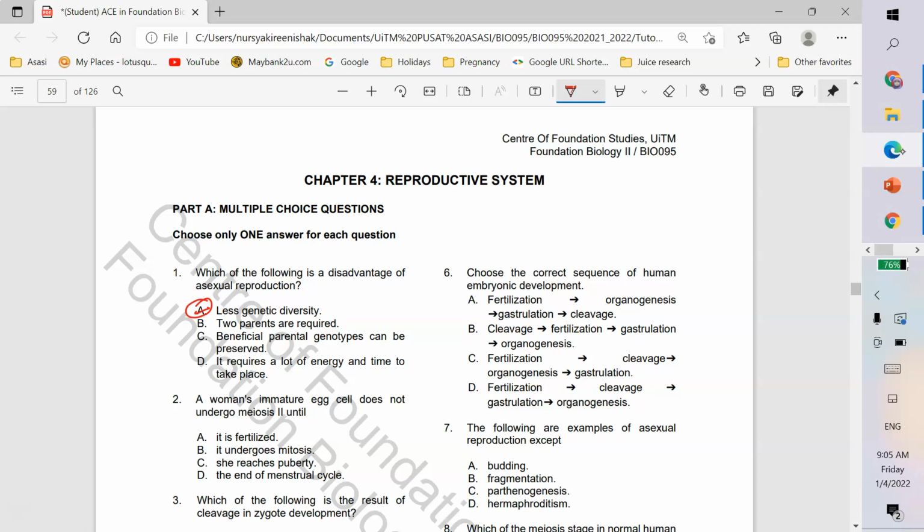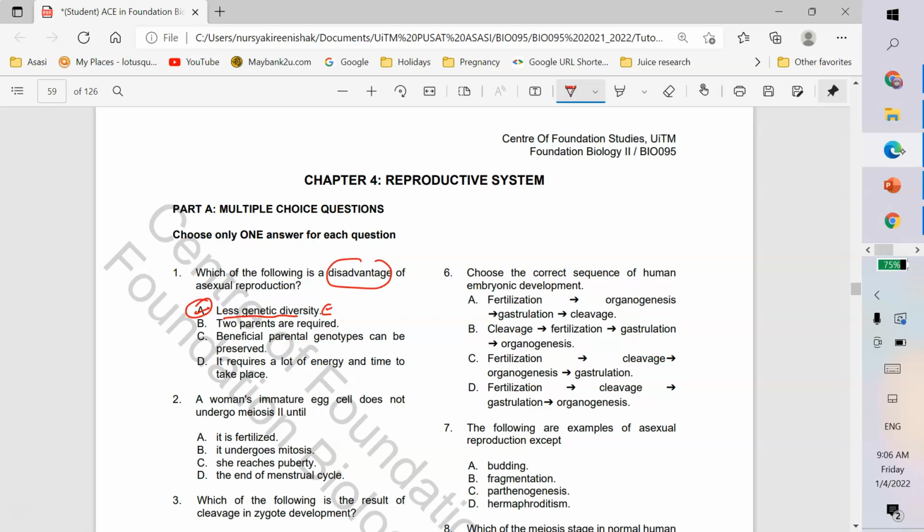The disadvantage of asexual reproduction, in terms of less genetic diversity, means that the genetic composition of offspring will be the same as the parents. So there's no genetic diversity. All the genetic composition is the same between offspring and the parents or the previous generation.